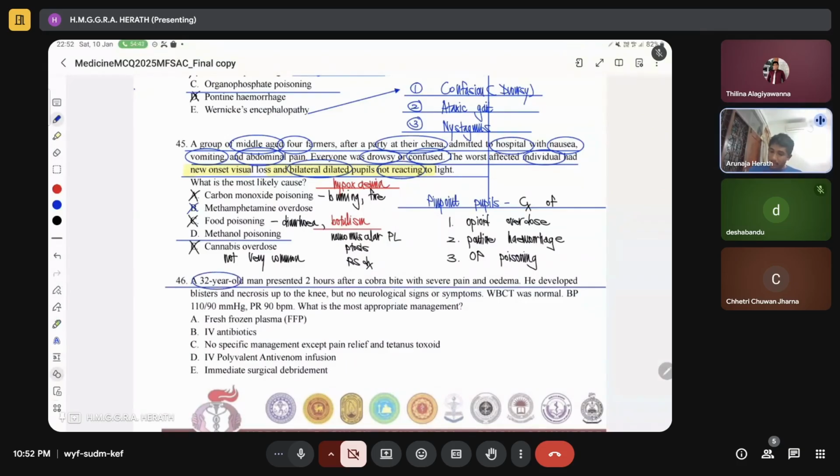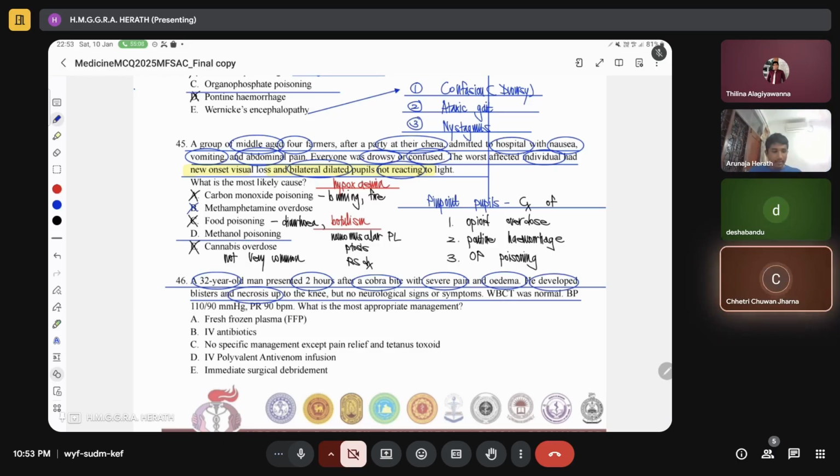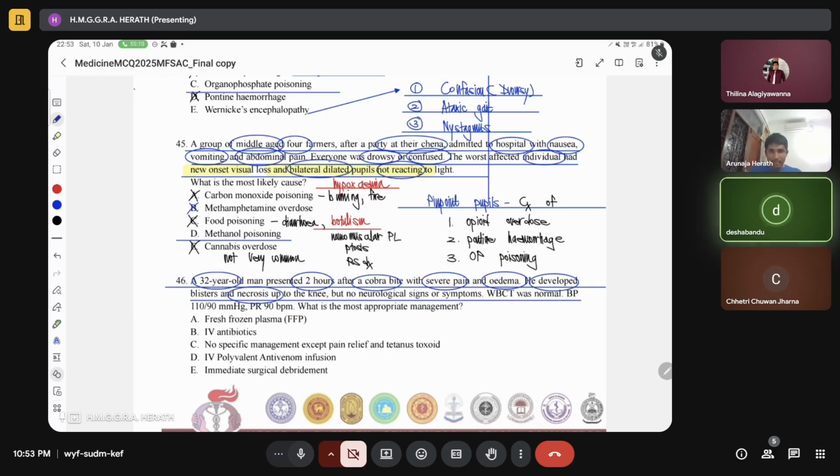Next one, a 32-year-old man presented 2 hours after a cobra bite with severe pain and edema. He developed blisters and necrosis up to the knee. Is this an indication for antivenom? For cobra, we give antivenom for local manifestations.